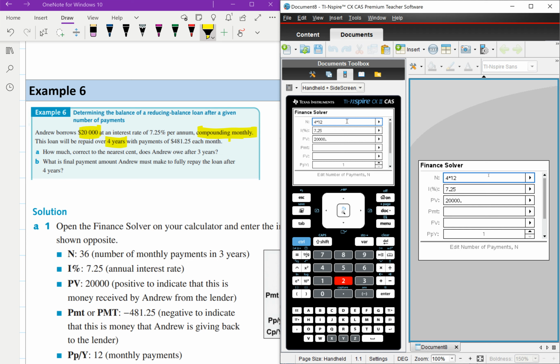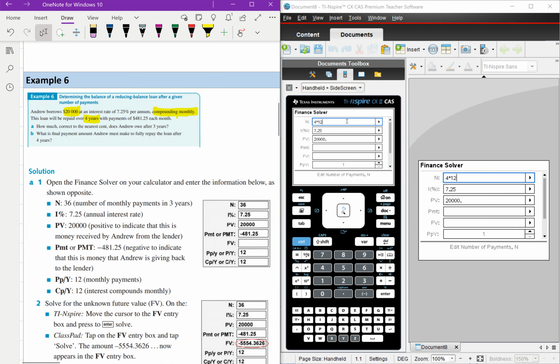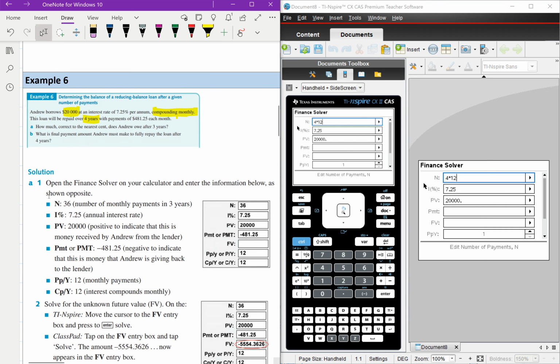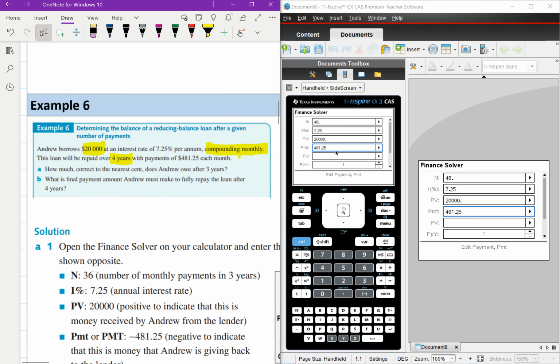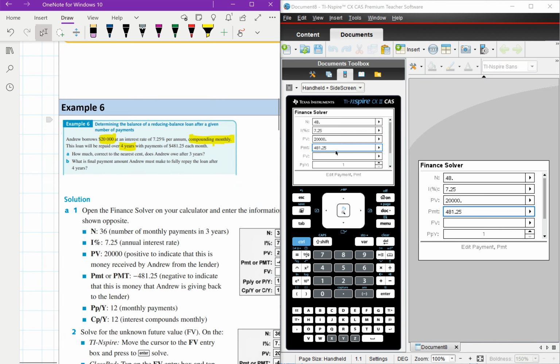Now, with payments of $481.25, PMT is payment. So I'm going to go to PMT. I'm paying back $481.25. And the question was A: how much, correct to the nearest cent, does Andrew owe after 3 years?